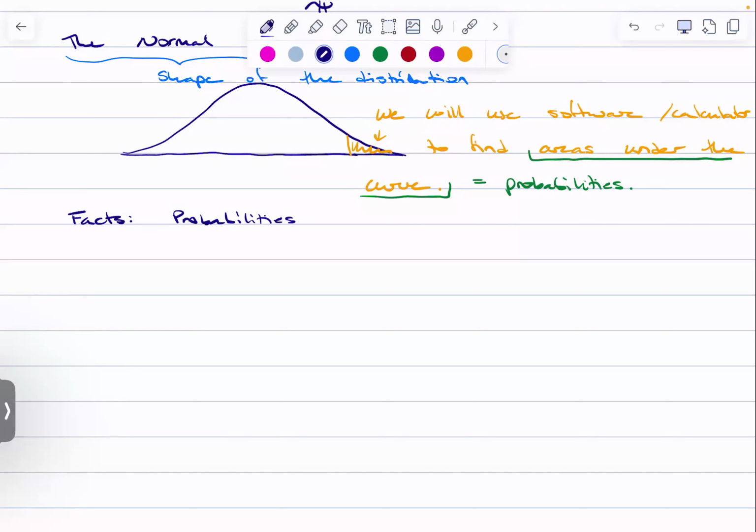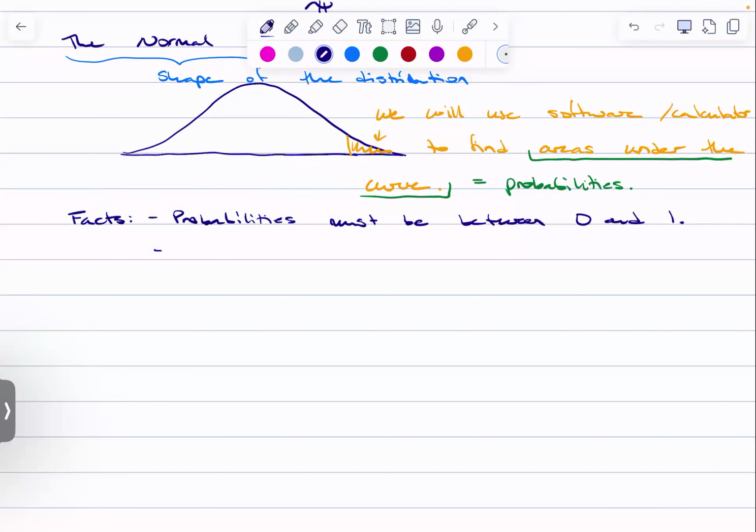And so probabilities must be between 0 and 1. If they have to be between 0 and 1, okay, then the total area under the curve must be 1, right?